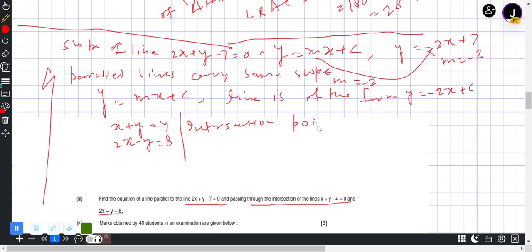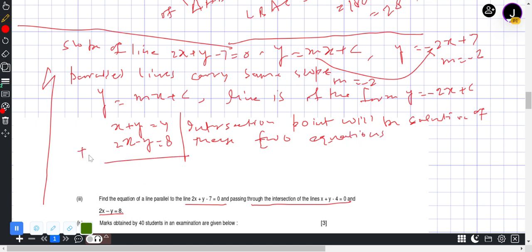How will you solve it? Tell me. Two equations, so let's solve it.